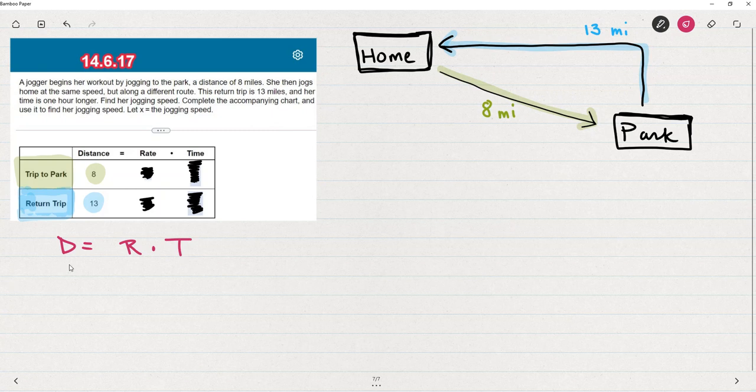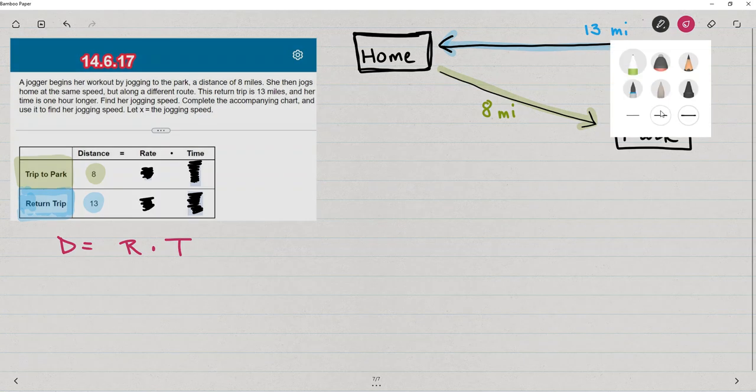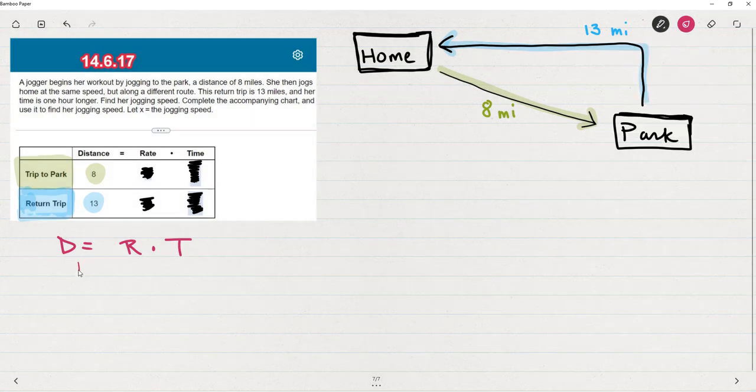Now we could use this equation to solve for t, and to solve for t you would divide both sides by r, and you'd get that the time is the distance divided by the rate. Or we could use this to solve for the rate. If we needed to find the rate, it's going to be the distance divided by time. But both of those secondary equations come from distance equals rate times time.